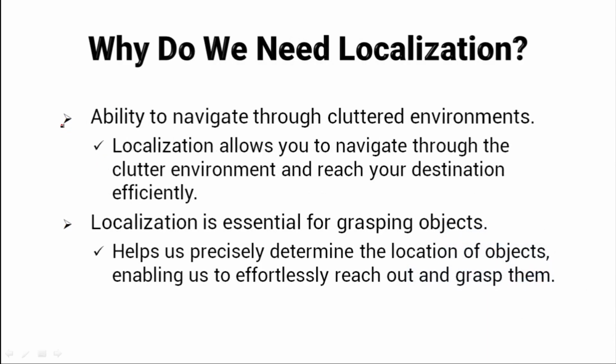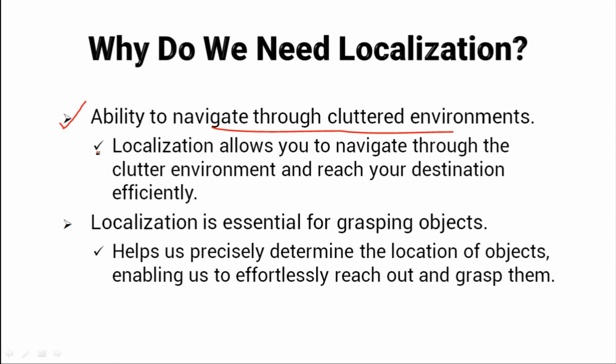Now, why do you need localization? The answer lies in our ability to navigate through cluttered environments. We need localization because human beings navigate through cluttered environments, and if they can locate objects in the external environment, they can navigate through complex environments. Imagine you are in a crowded market with various shops, people, and objects all around.